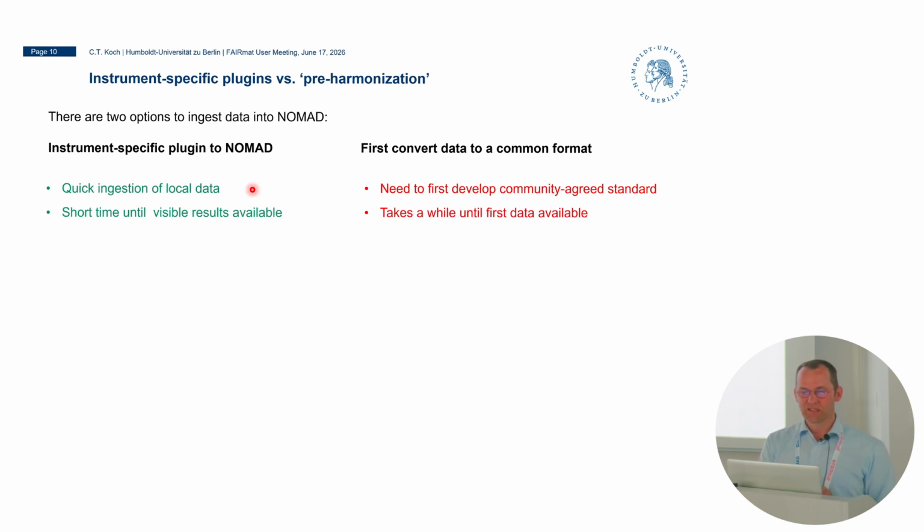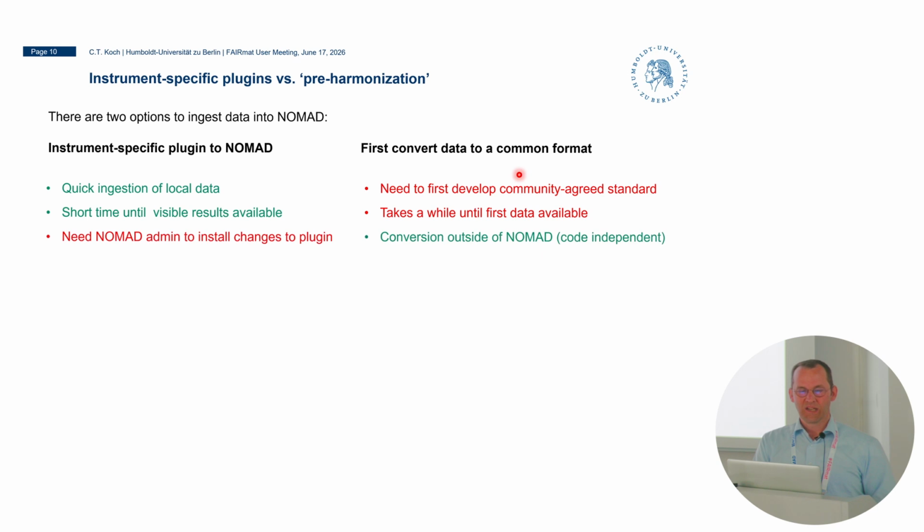On the downside, if you first need to develop a data format that everybody agrees on, it takes a long time, because you want to have the agreement of the community that somehow buys into this, or at least supports it to some degree. And this takes a long time. As I told you, if you really want to make it a standard that's accepted, it can take several years. And that's the case for NeXus, for example.